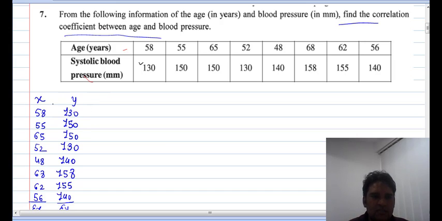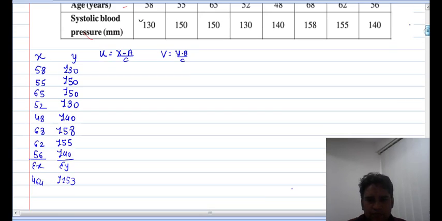So first x we will convert into u. How do we convert? x minus a upon c, and y we will convert into v, that means y minus b upon c, right? So we have to assume any number in the x observation.